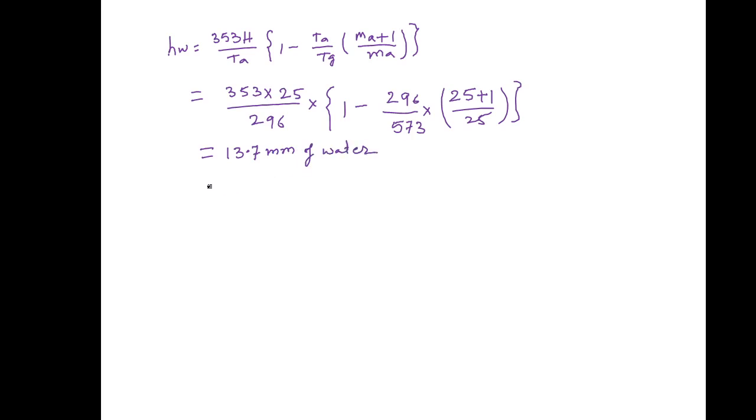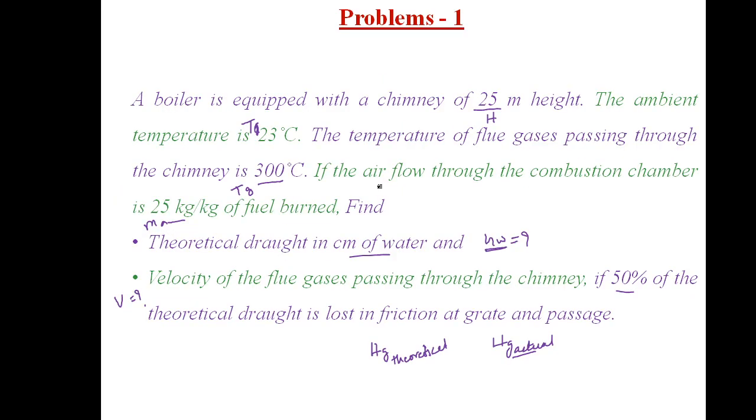But the question asks in centimeters of water, so it is 1.37 centimeters of water. So this is HW, the draught produced in water column, which is asked in this problem. He is asking for the theoretical draught in centimeters of water, not the actual draught.